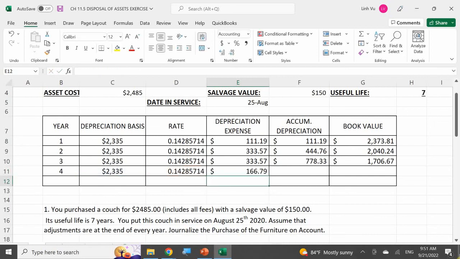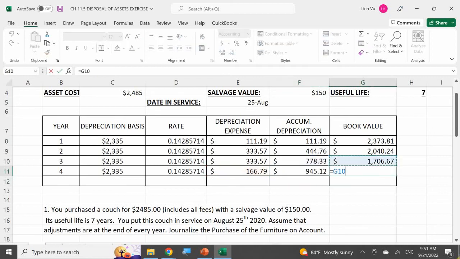$166.80. I got 79 cents. Okay, good. So then what is my accumulated depreciation here? $945.12. Good.